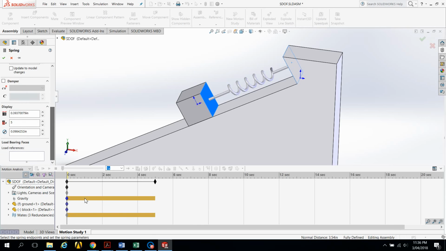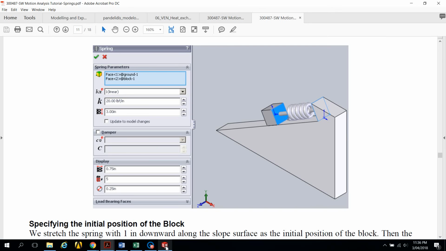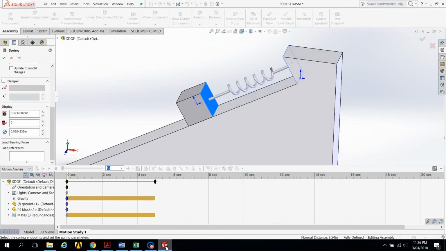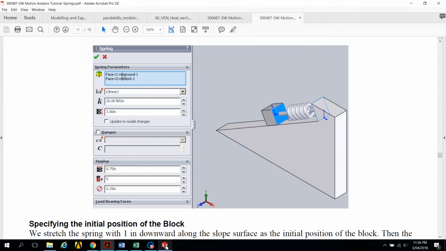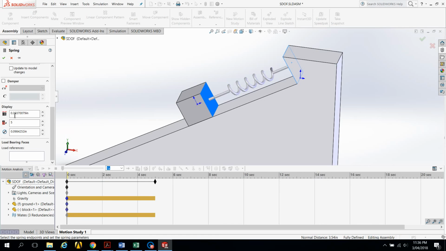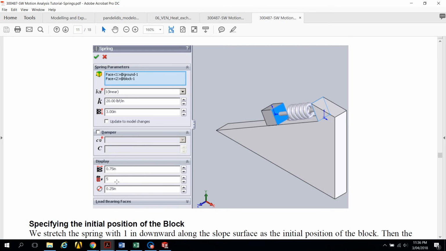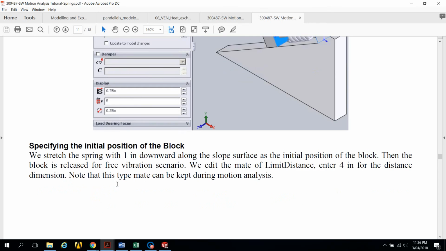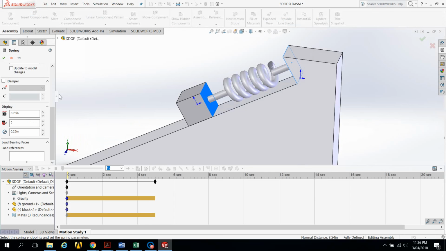Then we go down to here and check these values: 0.393, 0.75, 5.25. So we increase the thickness of the spring itself. Specifying the initial, press OK.